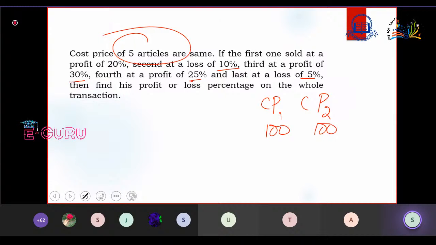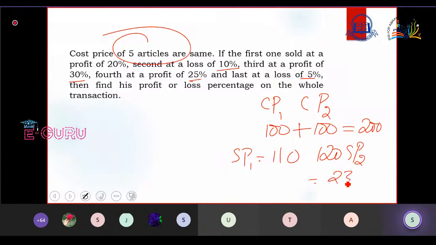Now, suppose the first article we are selling at a profit of 10%, that means SP1 equals 110. And the second article we are selling at a profit of 20%, so SP2 will be 120. To find the overall profit or loss percentage, the total cost price is 100 plus 100, 200, and the total selling price is 110 plus 120, 230.